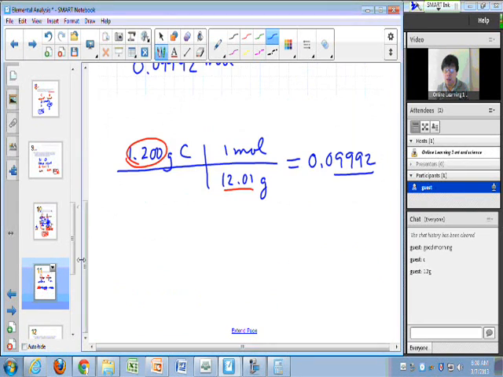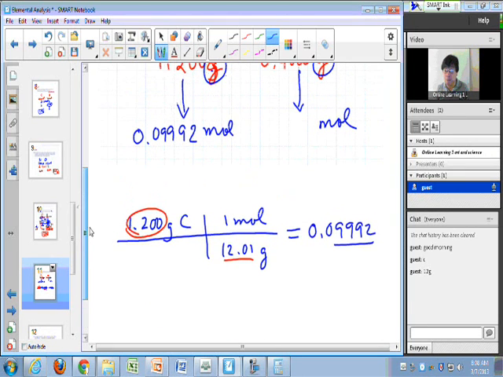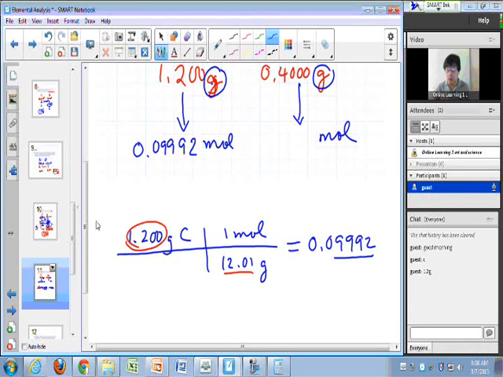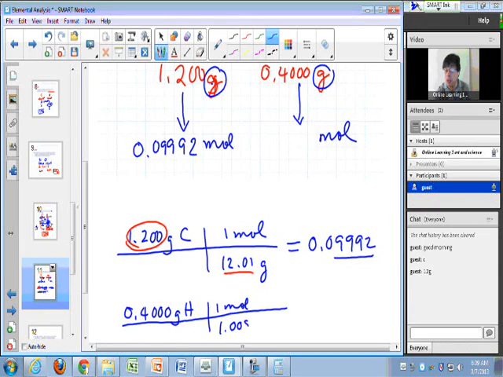We do the same thing for hydrogen. Okay. So what do we have for hydrogen? We have 0.4000 grams hydrogen. What's the molar mass of hydrogen? 1 mole of H is how many grams? You look it up from your periodic table and you should find 1.008 grams per mole.